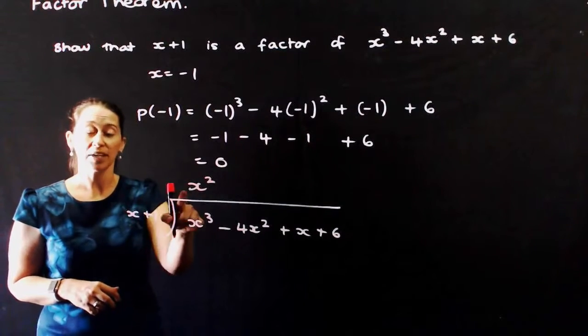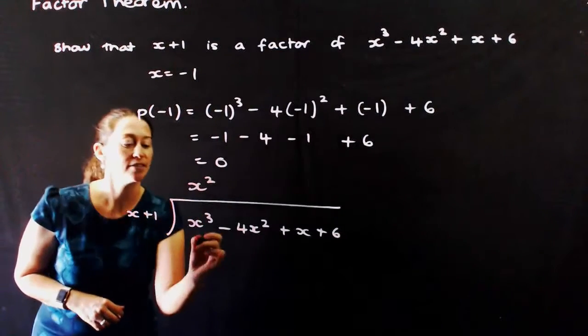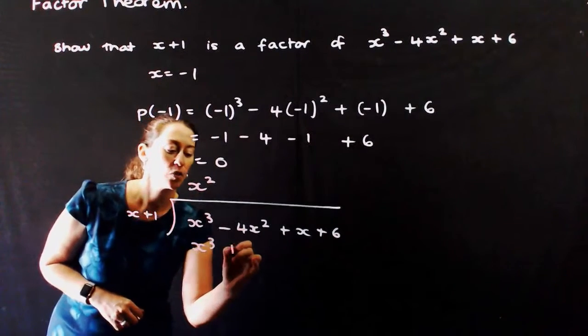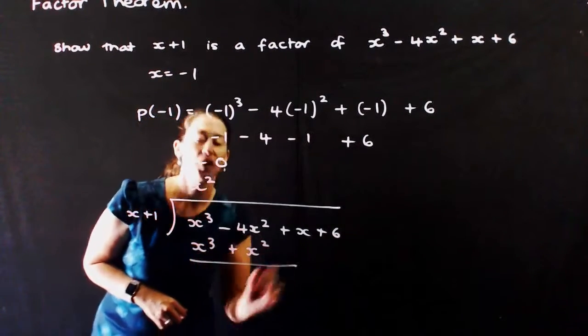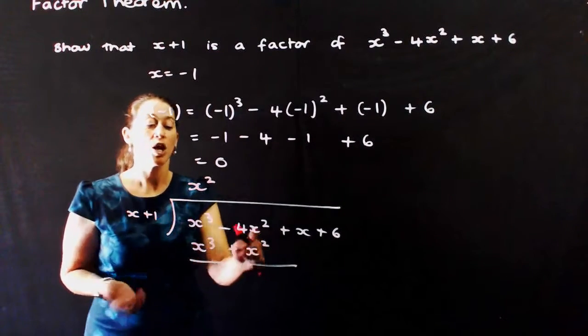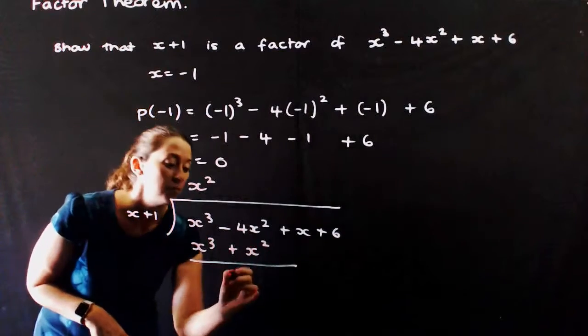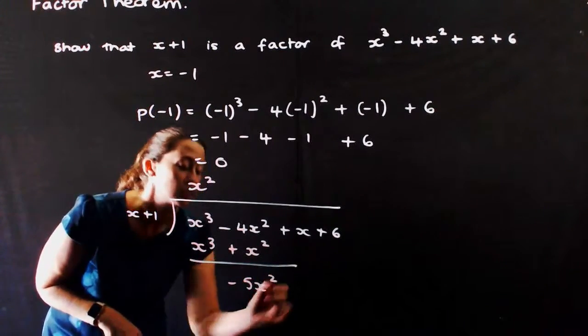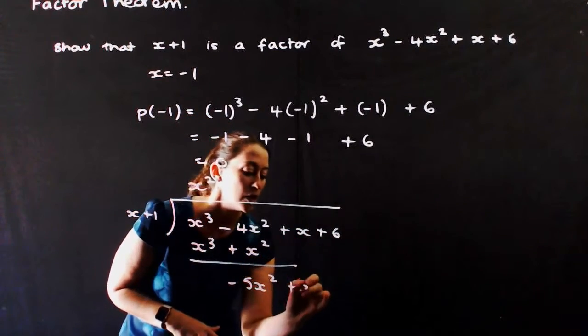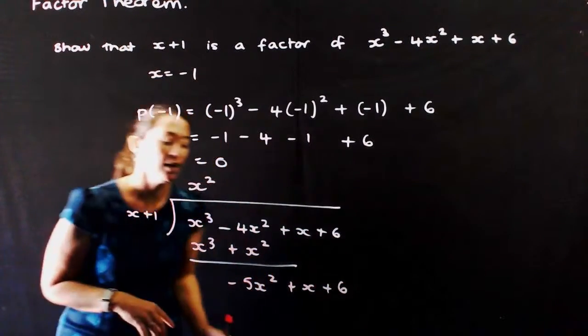Then we do the multiplication. X squared times x is x cubed. X squared times 1 is x squared. Now let's find out what's left when we subtract. 0 minus 4x squared minus x squared is minus 5x squared. Sorry, I forgot to say the x squared there. And then x, take away 0, leaves us with that.